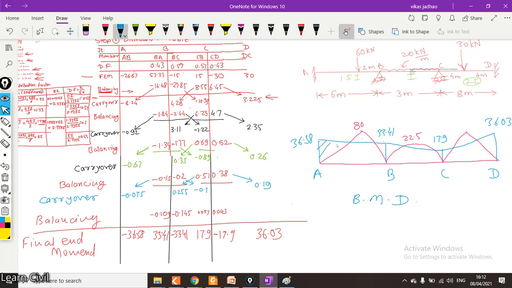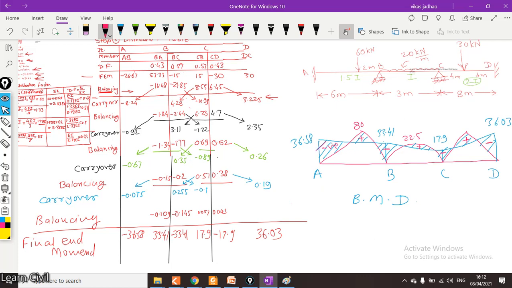This will be your effective bending moment. Part of this is negative, this is positive, this is negative again, this is positive, and this whole portion will be negative, and this will be negative again.